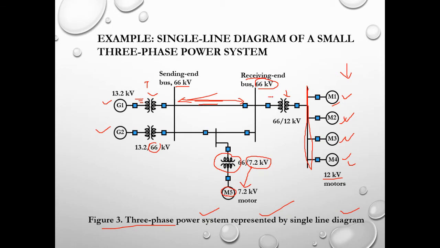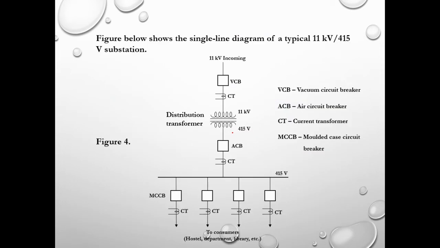Since this is a three-phase transformer, this is a three-phase machine or three-phase motor, three-phase generator, but all these have been represented by a single line diagram to avoid any complexity. So it's much easier for us to understand the operation of the network.